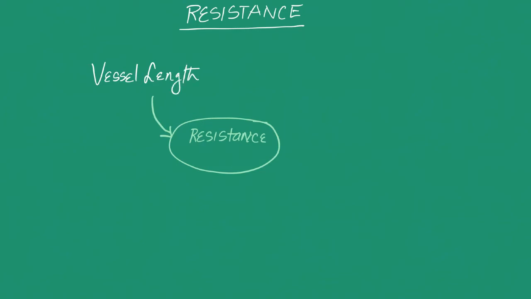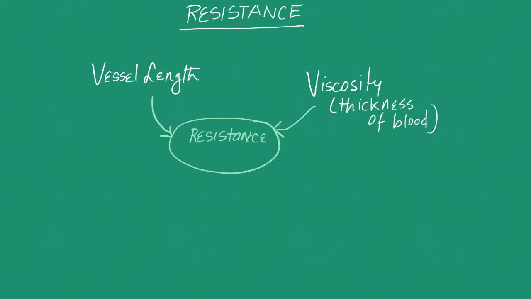So when vessel length increases, this happens when someone gains weight, the resistance increases as well. Viscosity, when that increases, it increases resistance. This is because viscosity means thickness. If the blood becomes thicker because it has more red blood cells or platelets, it can increase resistance.